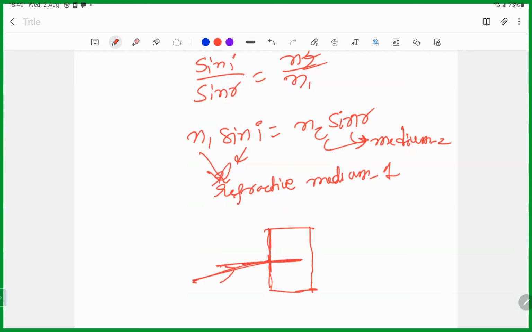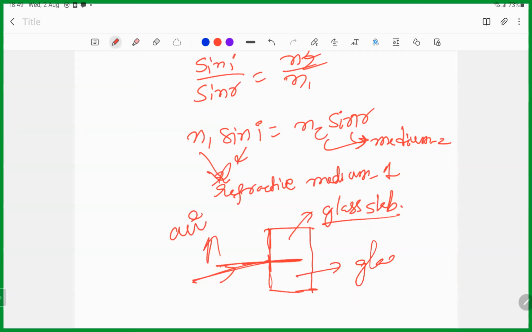Let's take this as a glass slab. Medium 1 is air, right? Medium 2 is glass. So this is interface 1. For interface 1, medium 1 is air, medium 2 is glass.